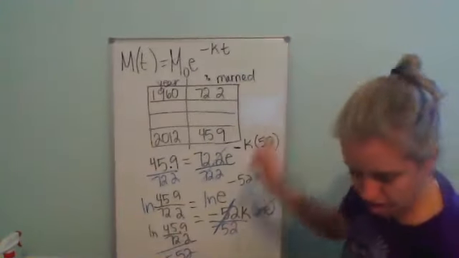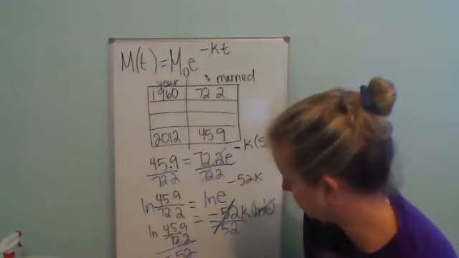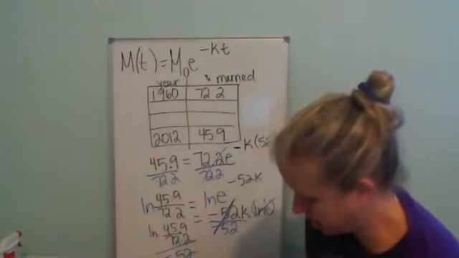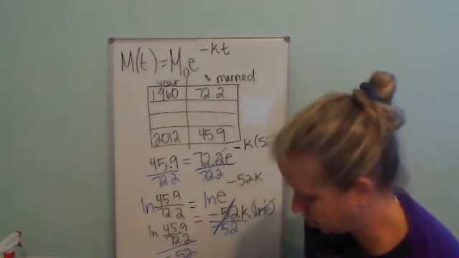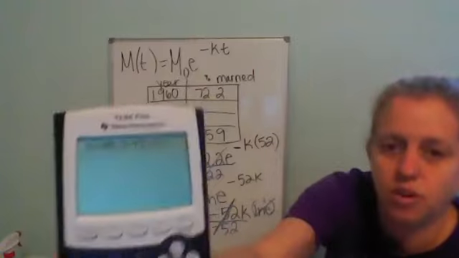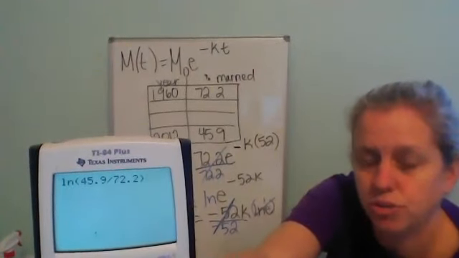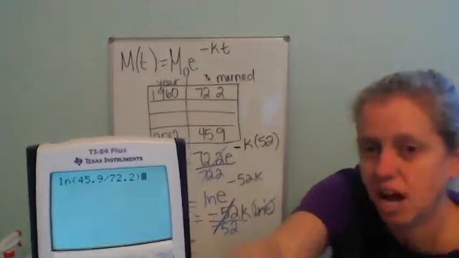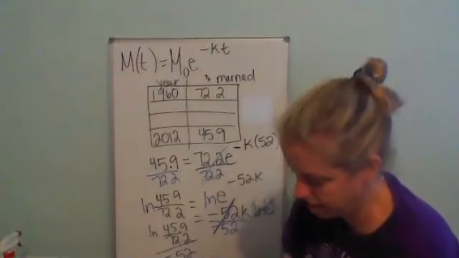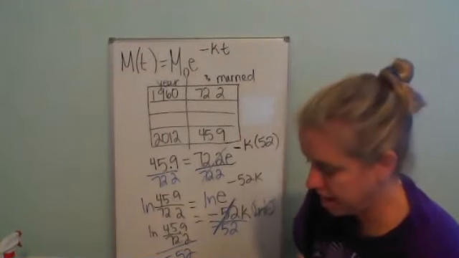Let's look at what that looks like in your calculator. ln, I've got 45.9 divided by 72.2, close. So again, 45.9 over 72.2. And remember, what am I dividing that whole thing by? What's the denominator of that fraction? I'm dividing by negative 52 and hit enter.